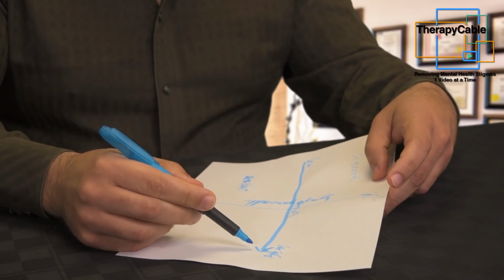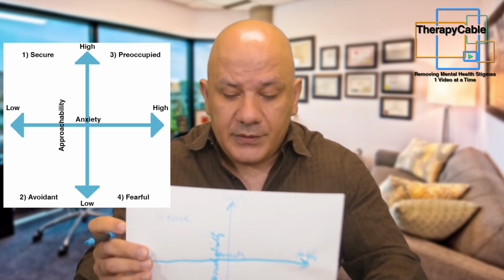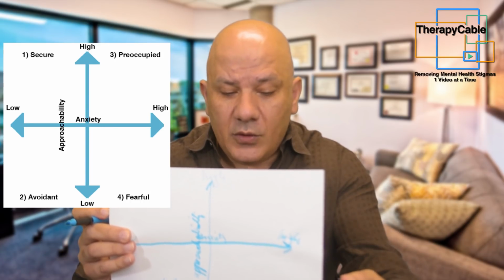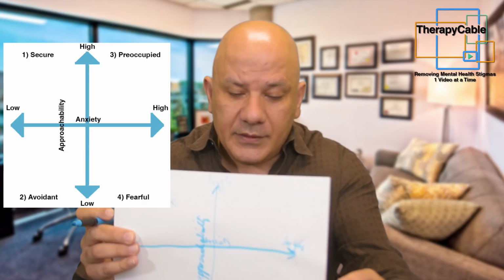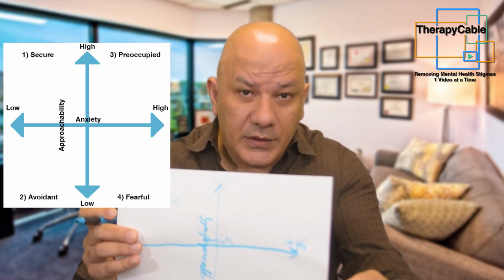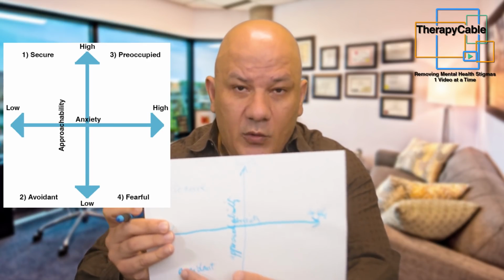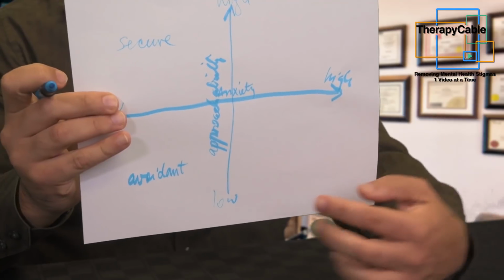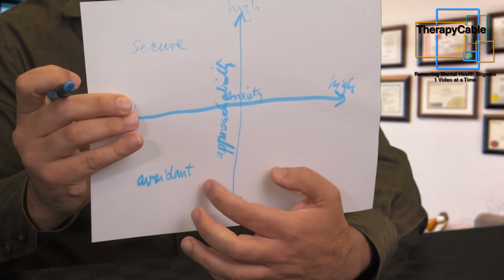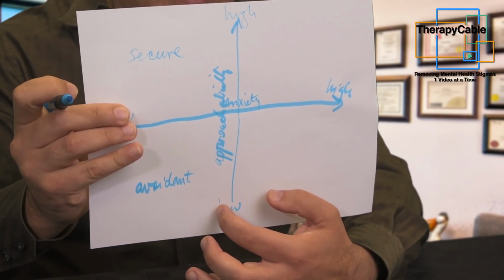Now if we follow that road, we have high anxiety and low approachability. So if we have high anxiety and low approachability, we have more or less the style of what is called ambivalent, if you will, fearful avoidant. So this is the avoidant with low anxiety, this is avoidant with high anxiety. But in both of these situations, the infant is avoiding the emotionally unavailable caregiver.